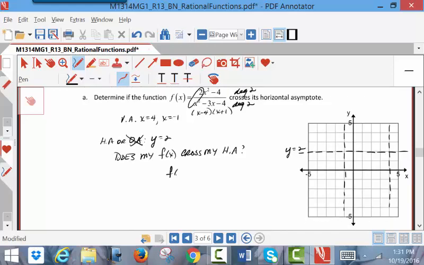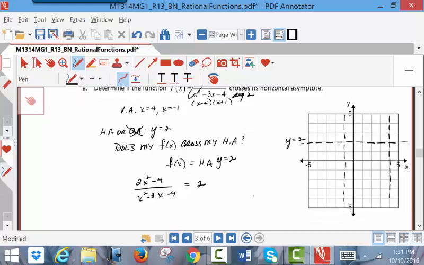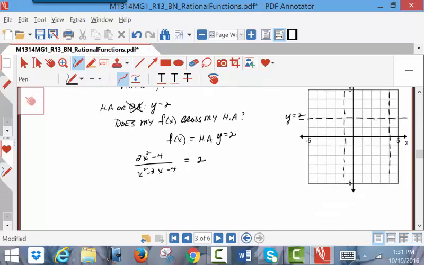So I'm going to set my f of x equal to my horizontal asymptote. My f of x is 2x squared minus 4 over x squared minus 3x minus 4. My horizontal asymptote is y equaling 2, so I put the 2 here. So I set them equal to each other. That's how you determine if they're ever going to cross.